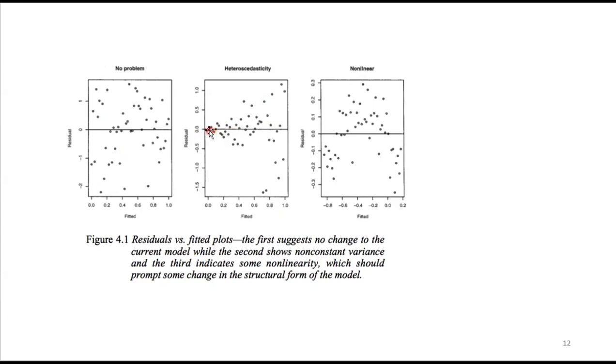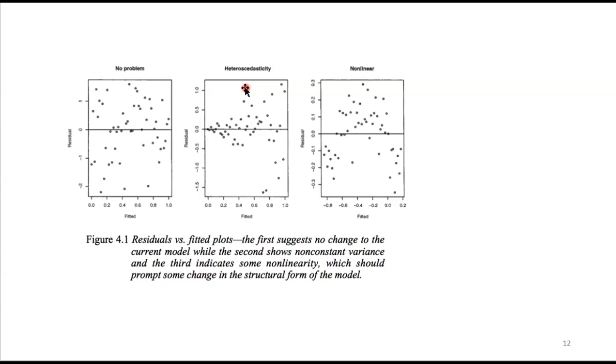But you can see the variance as we scan along is increasing across the fitted values. So the variance is not constant, it's growing, it's increasing. This is a case of what we call heteroscedasticity, as opposed to homoscedasticity, i.e. you have non-constant variance of the error term of observations.